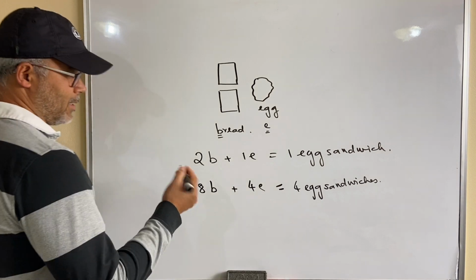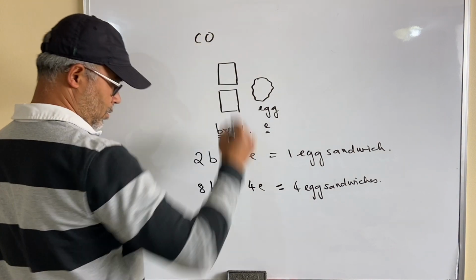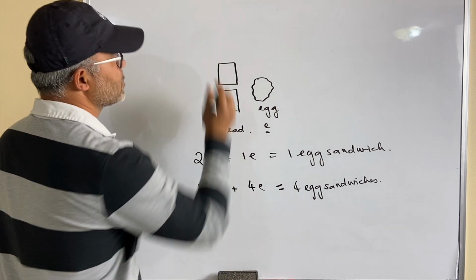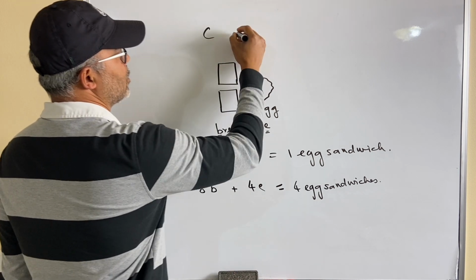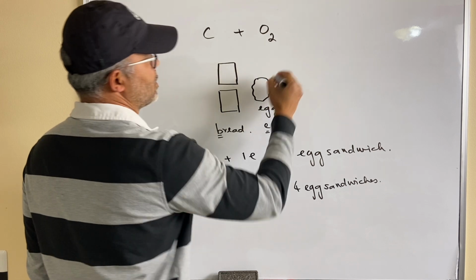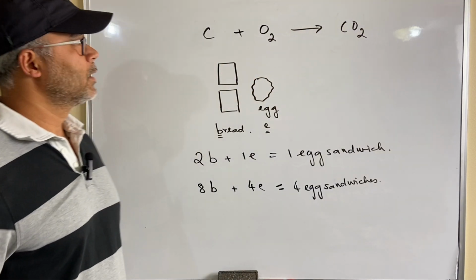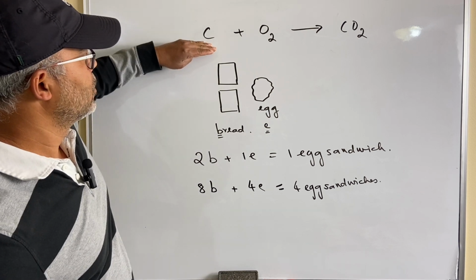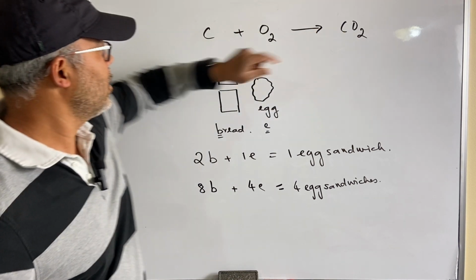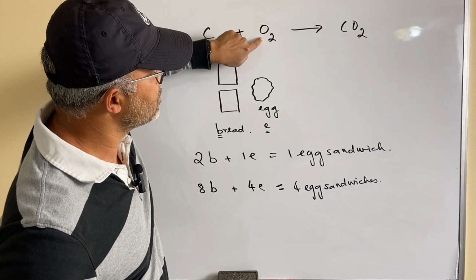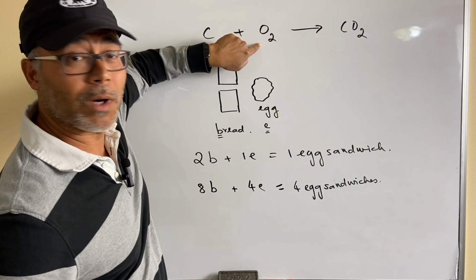So let's take a reaction. Let's take carbon plus oxygen makes carbon dioxide. Turns out, to make 1 molecule of carbon dioxide, you need 1 molecule of carbon and then 2 oxygens that are actually combined into 1 molecule.